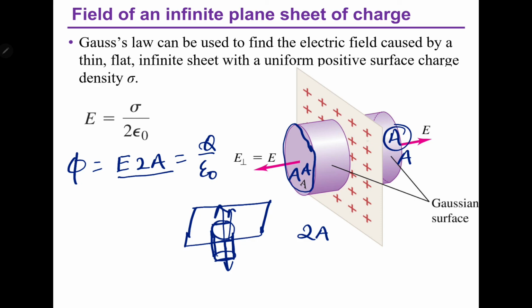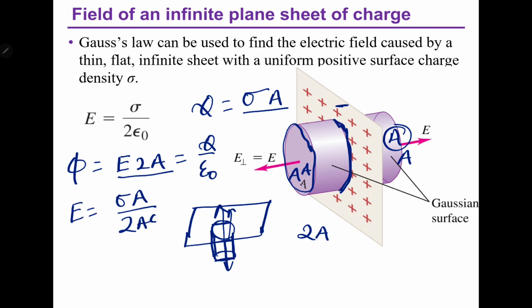If the charge density of this sheet is sigma and the area is A, then the charge on this much of the sheet, area A, Q will be equal to sigma A. So from here, E equals sigma A divided by 2A epsilon naught.